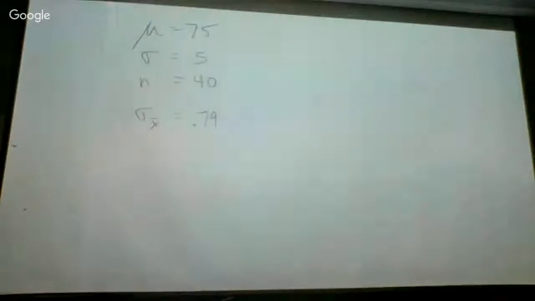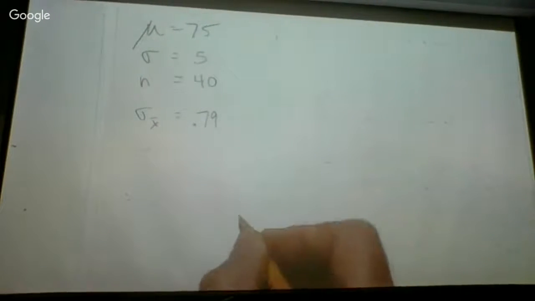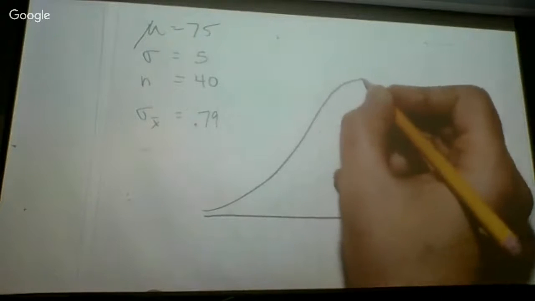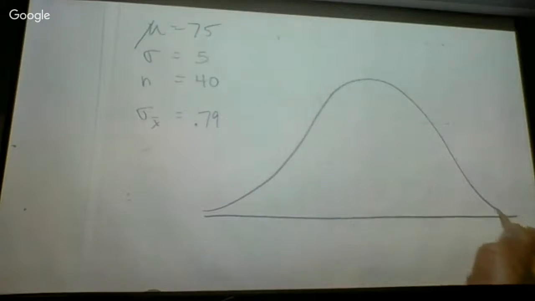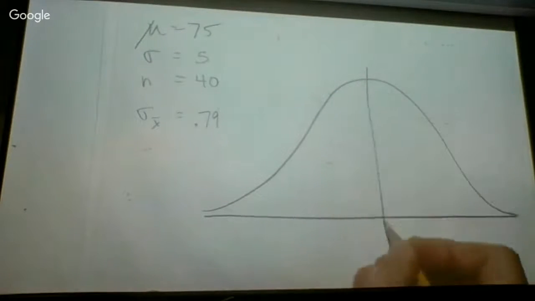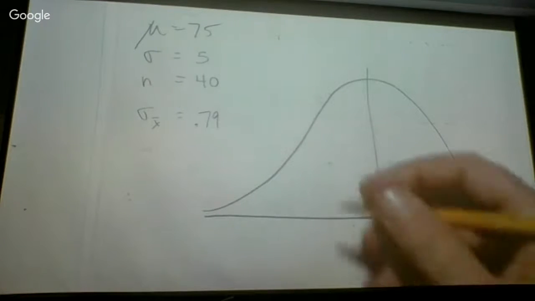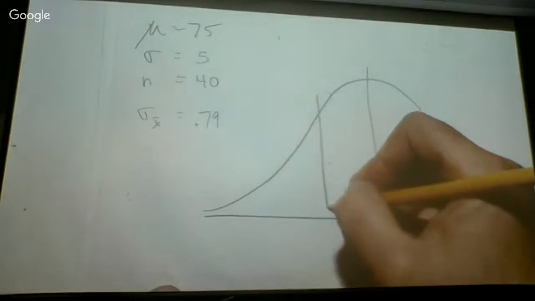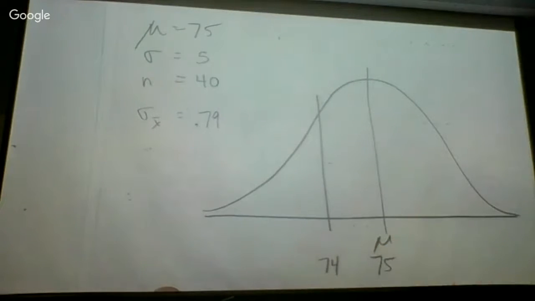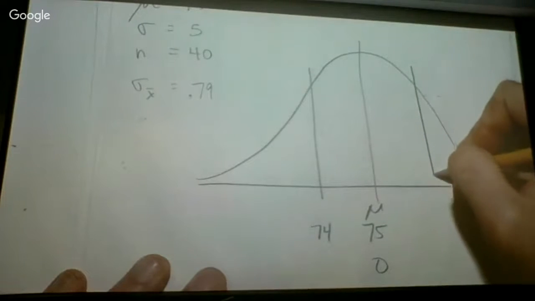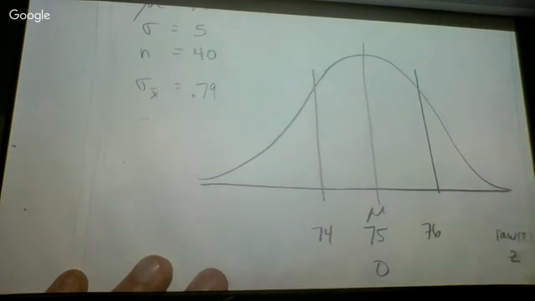So if I wanted to be efficient, and I want to, I would put mu of 75 in the middle. I know that I have a raw score of 74 that needs to be converted to a z-score. I have a raw score of 76, which needs to be converted to a z-score.